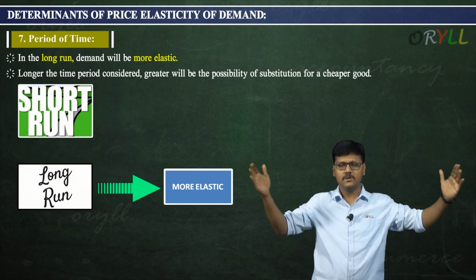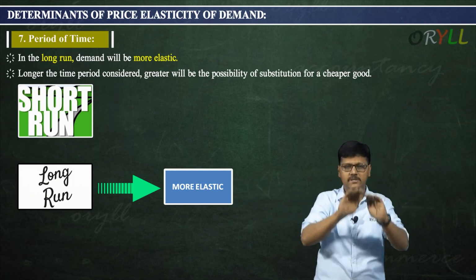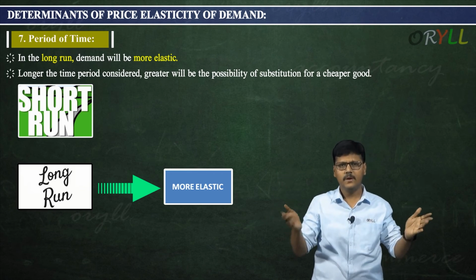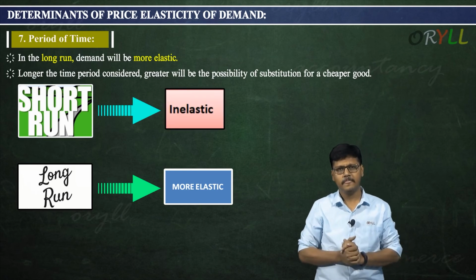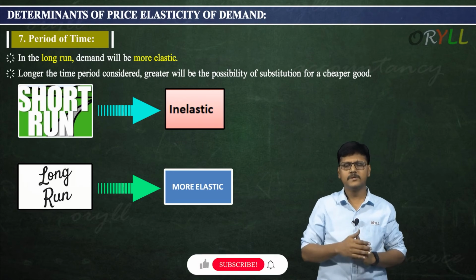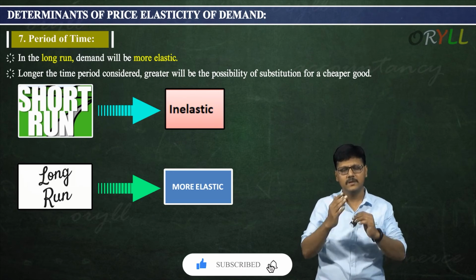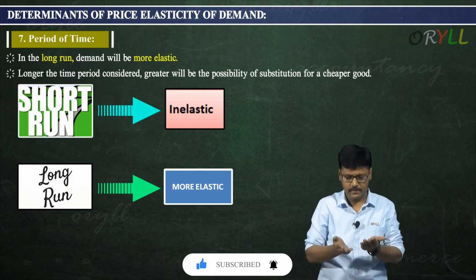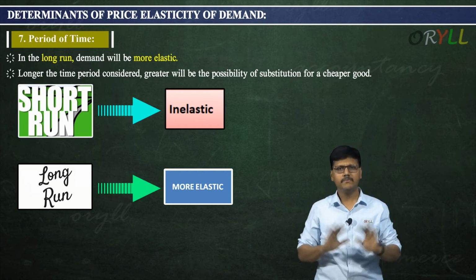As there is a long time, we will change the commodity and change our consumption of petrol in the long period. Whereas in the short period, demand is inelastic. The immediate effect on a person when the price of petrol changes, from 80 to 100 rupees, is that immediately we cannot do anything.